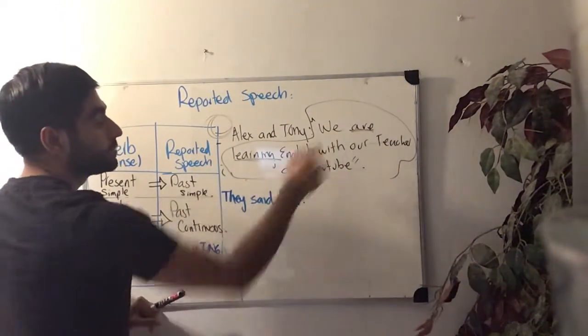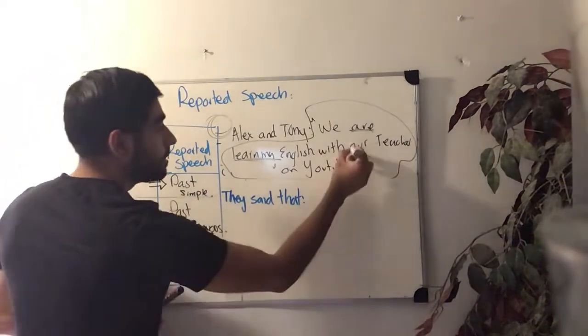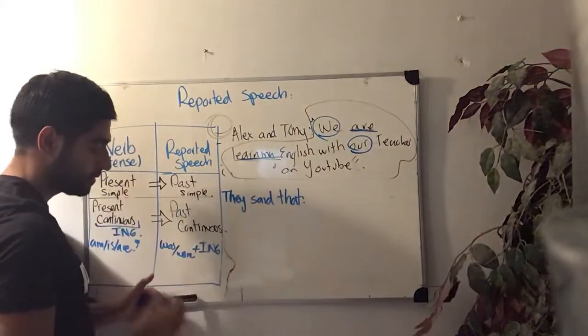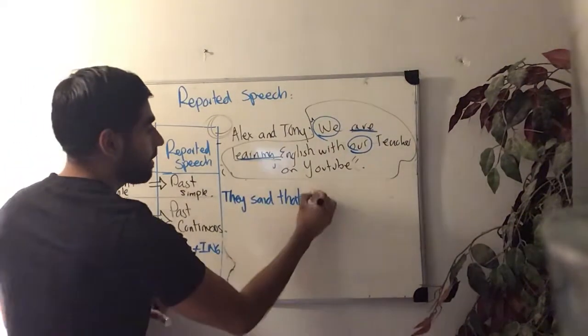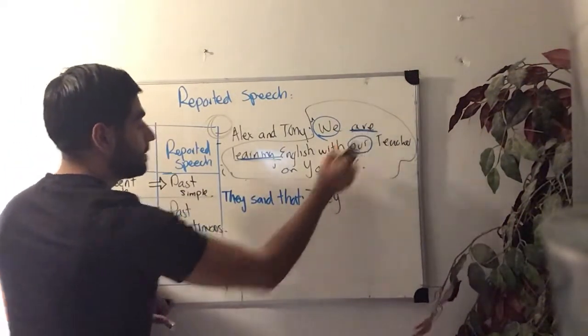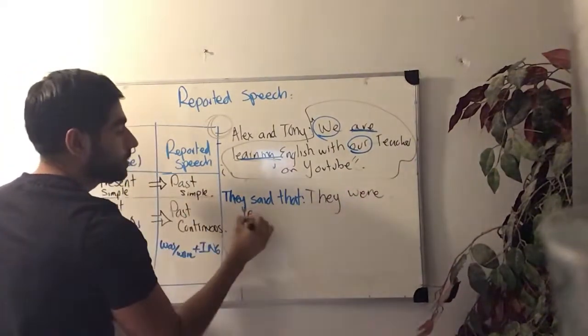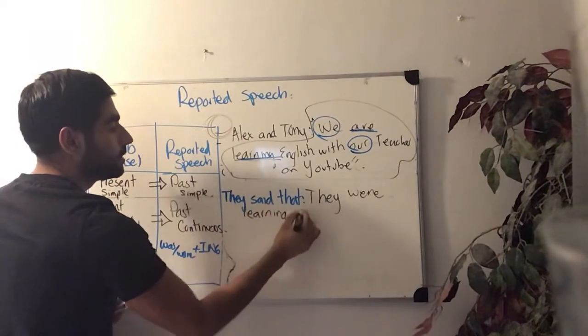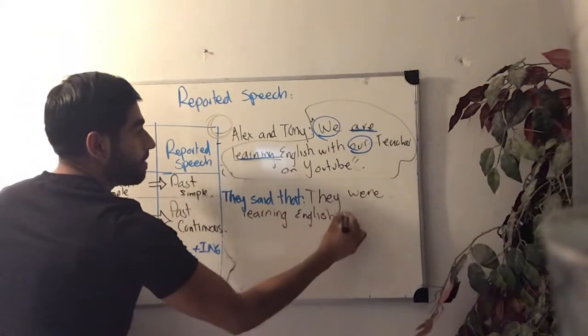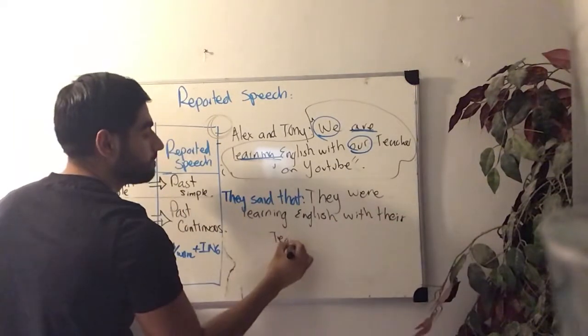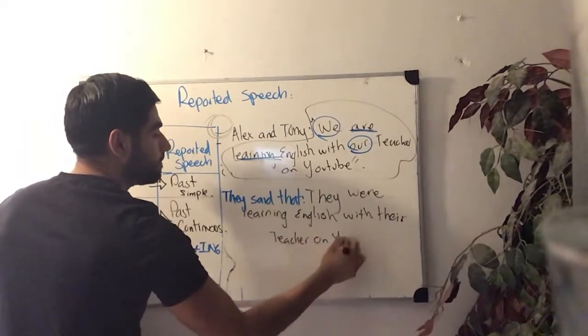In this case, we are learning English with our teacher: personal information, main tense. Okay, so they are saying that, this one, which is to past, they were learning, very simple, they were learning English with their teacher on YouTube.